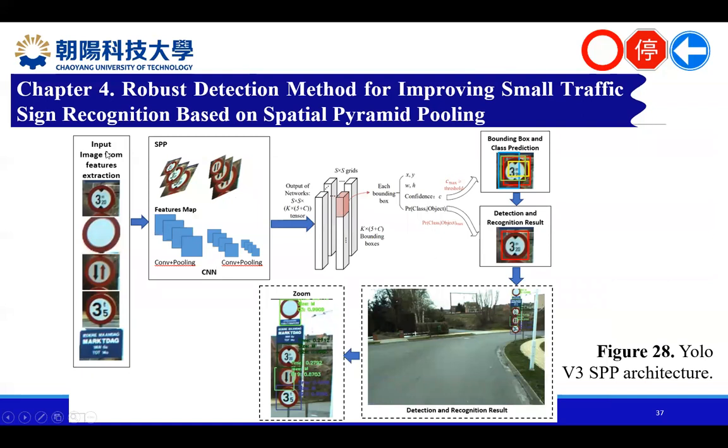In the next step, the input image from feature extraction is used in our SPP, which is the spatial pyramid pooling. We do the calculation, the bounding box and class prediction, and of course, we show the detection and recognition result in the original image, and it will show the prediction time, the size, and the accuracy for each sign.